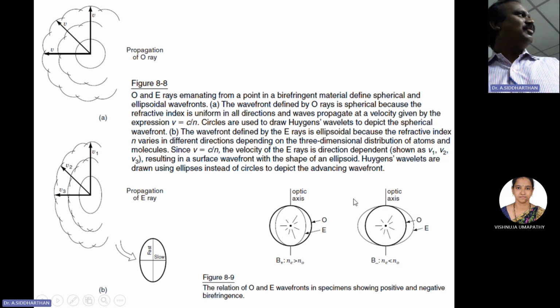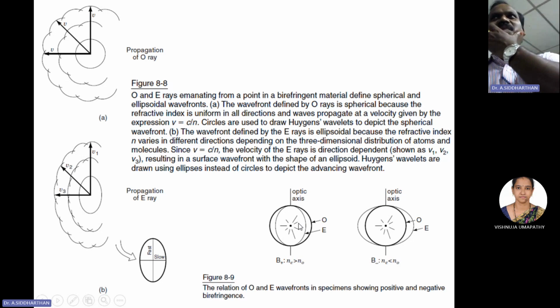So we have two profiles: one is the ordinary ray circle, the other the extraordinary ray, which is like an ellipse. The velocity profile takes somewhat of an ellipse, with the major axis along the optic axis in both cases.